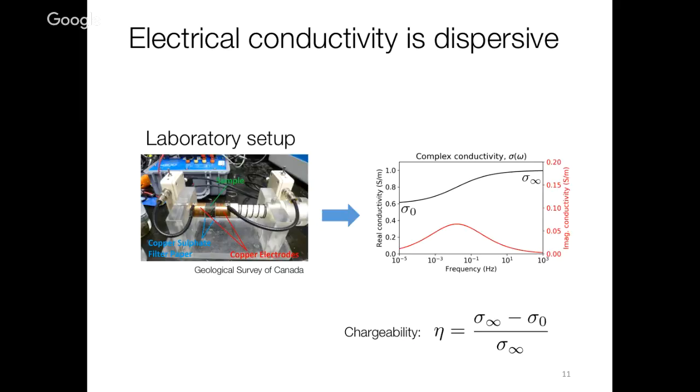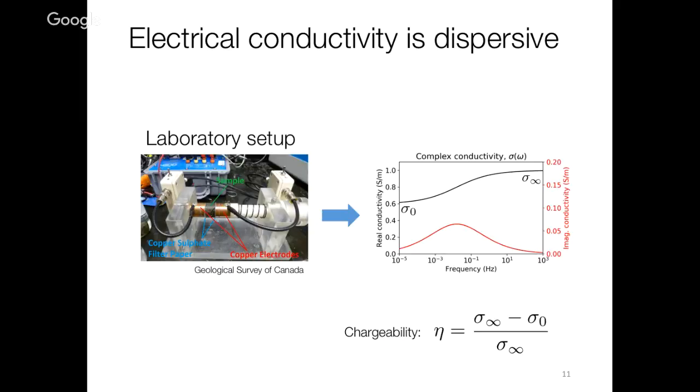So in other words, if I look at the real part of the conductivity as a function of frequency, at the DC level I get something that looks like this. So this would be sigma 0, so this is frequency 0. And then as I increase frequency, it kind of goes up to something like this, and this is sigma infinity.